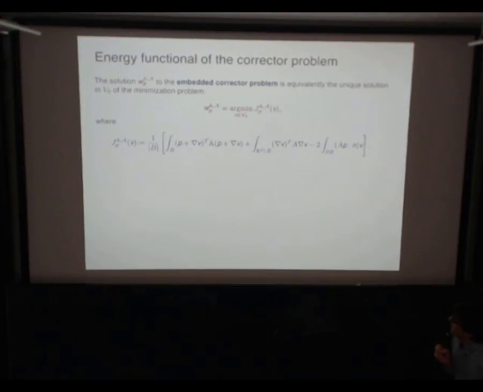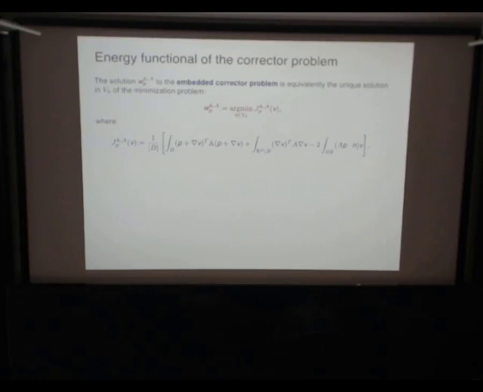To put a little bit of light on that, let us rewrite the original embedded corrector problem as the minimizer of an energy functional. It is a PDE, a linear PDE, so we can associate the energy functional such that the solution of the PDE is the minimizer of the energy functional. And this is the energy functional given by this.